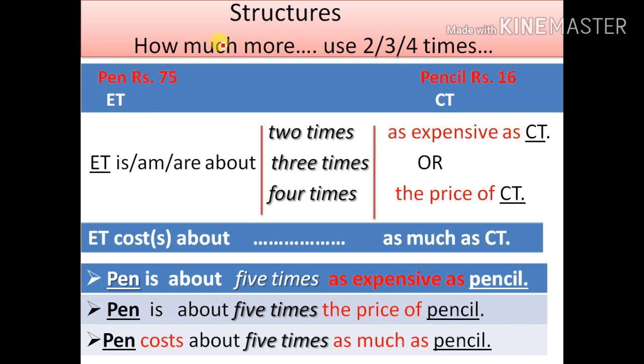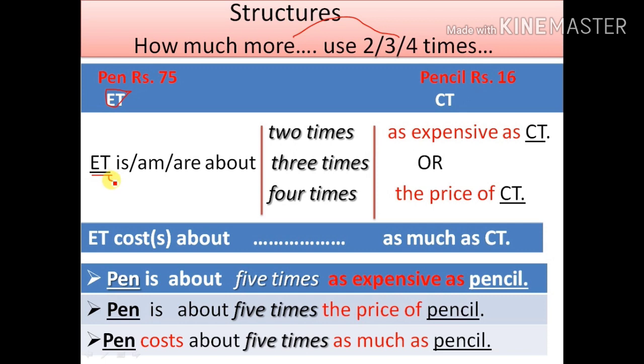Dear students, if you want to make comparison putting expensive thing at first, or how much more expensive it is, you have to use times, 2 times, 3 times, 4 times or 5 times, and so on. Okay, so let's see, we are putting expensive thing in the beginning, therefore the structure is going to be expensive thing.